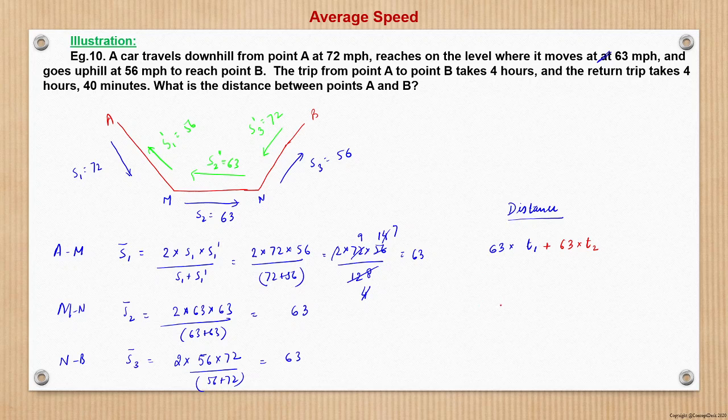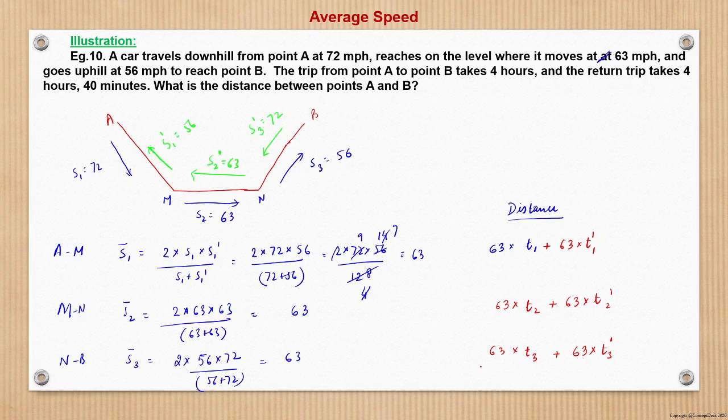Similarly for MN, average speed when going towards point B is 63 for a time, let this be T1 dash, and here it is 63 into, when coming back towards A, let it be T2 dash. Then again when going up NB, average speed is 63 and time taken, let it be T3, and while coming down from B to N, average speed is 63 and time taken is T3 dash.